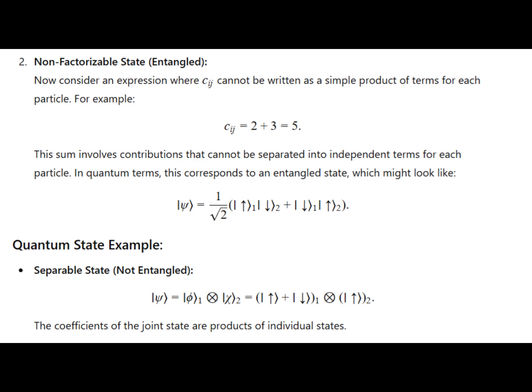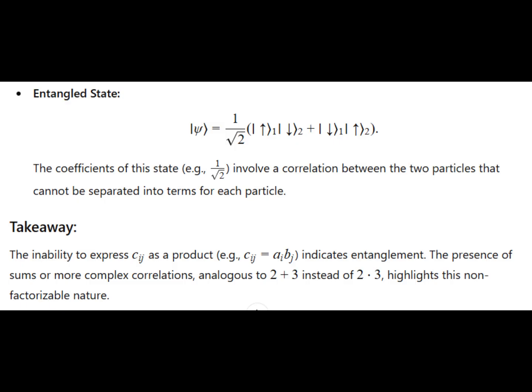Quantum state example. Separable state, not entangled. The coefficients of the joint state are products of individual states. Entangled state. The coefficients of this state, e.g., 1 over square root of 2, involve a correlation between the two particles that cannot be separated into terms for each particle. Takeaway.